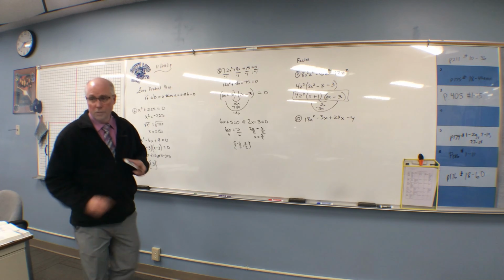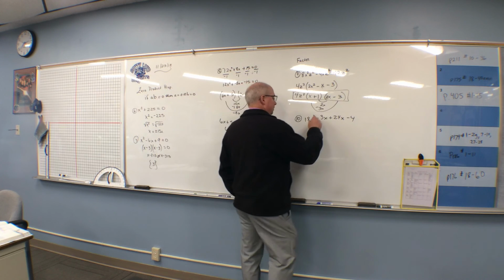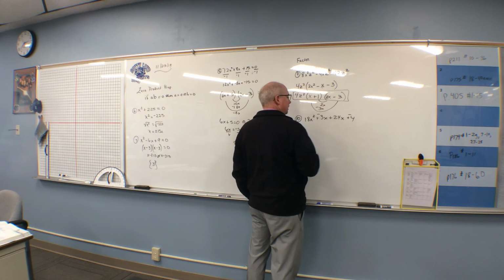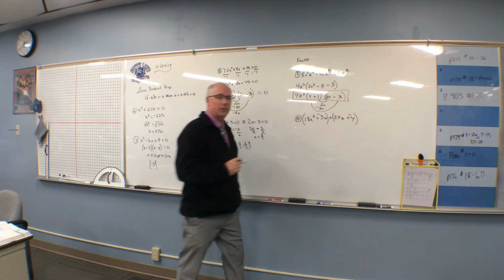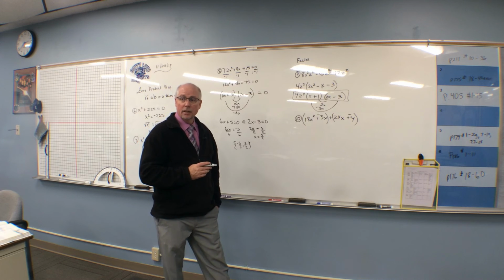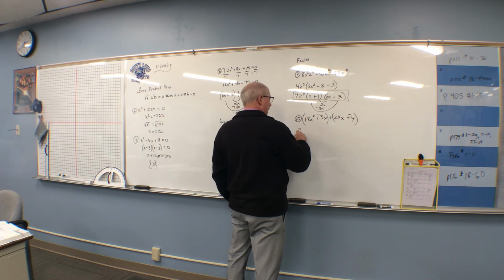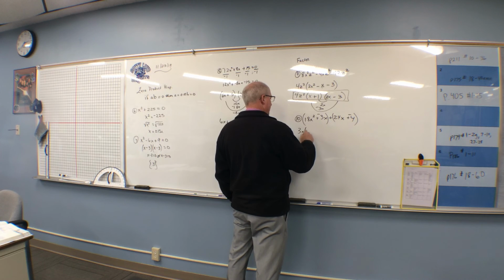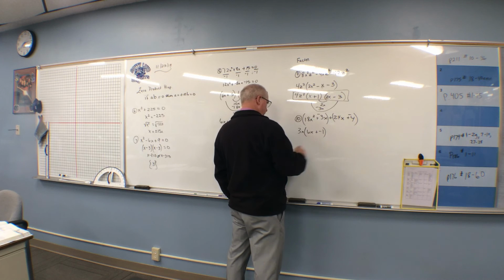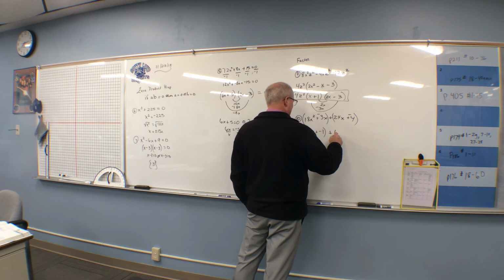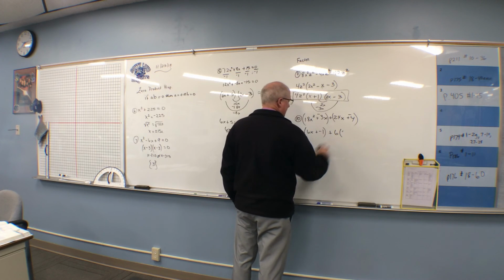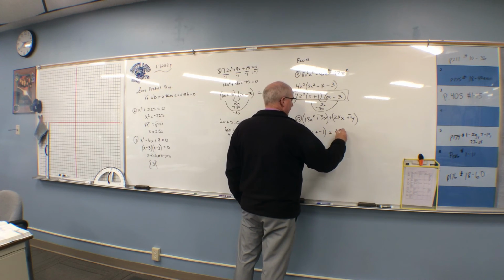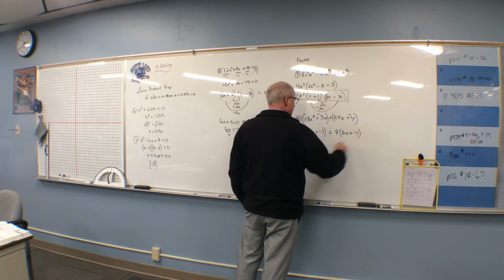Well, what I would do is I'd first change all subtraction to addition. Then I would group the first 2 and the last 2. And then I would factor something out of the first 2. I believe it would be a 3x, leaving a 6x plus a negative 1. Out of the second one, I would factor out a 4, leaving a 6x plus a negative 1.